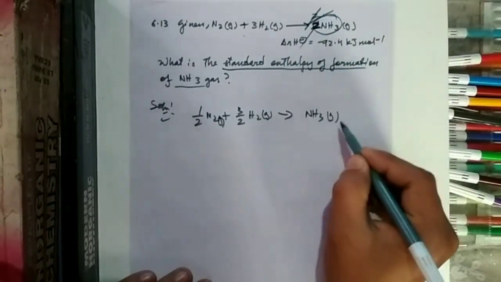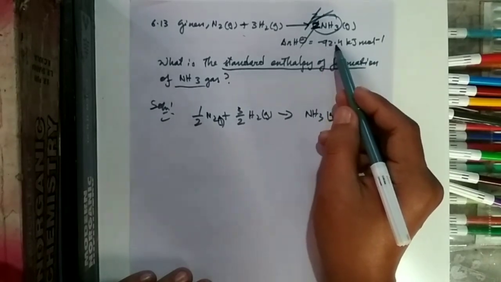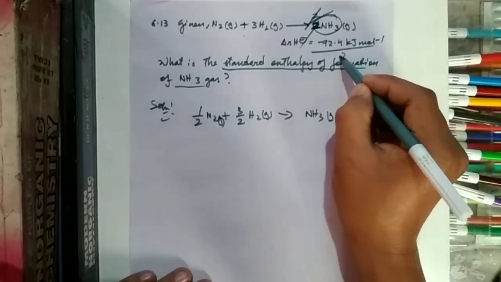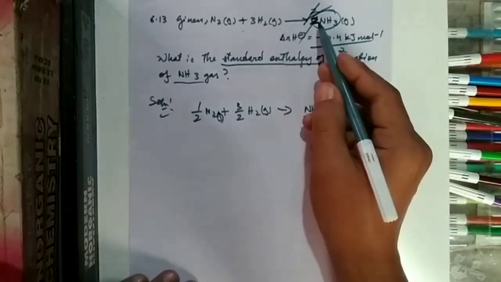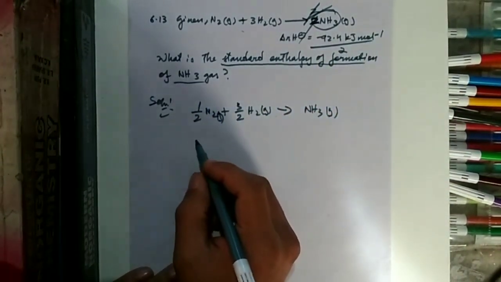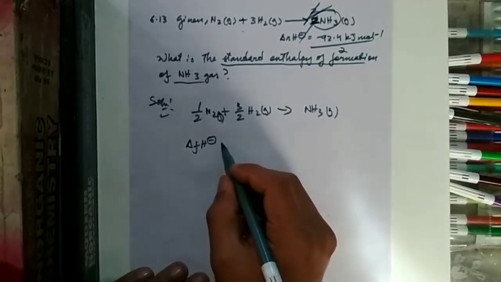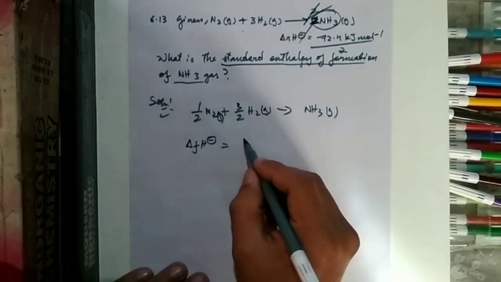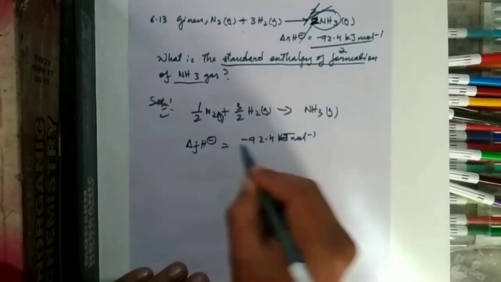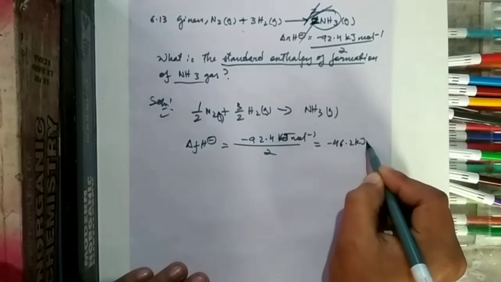Yes, so this delta H is minus 92.4 kilojoule per mole. Since we are converting it, we divide the delta H by 2 also. So the enthalpy of formation of NH3 gas will be minus 92.4 kilojoule per mole divided by 2, so it will give you minus 46.2 kilojoule per mole.